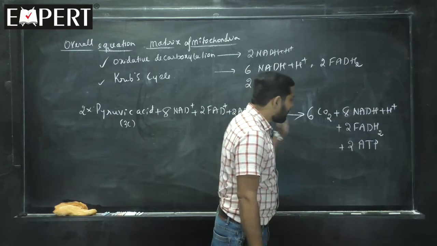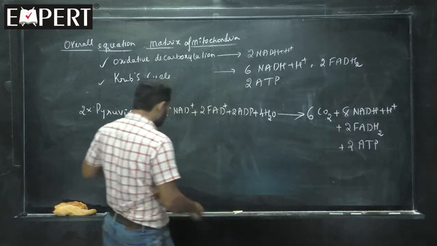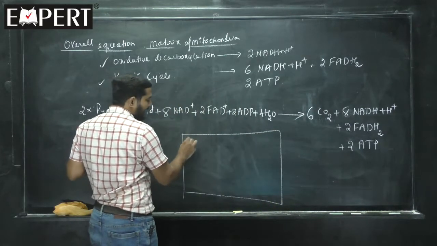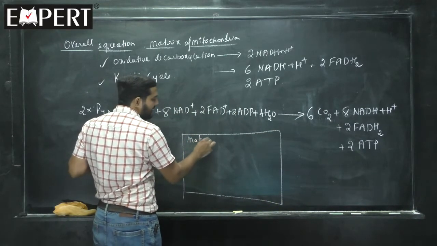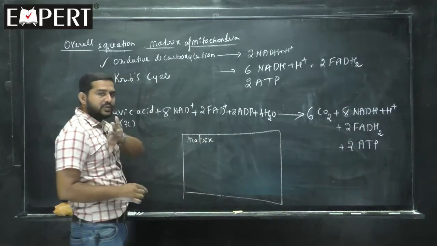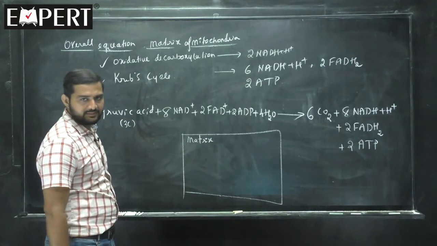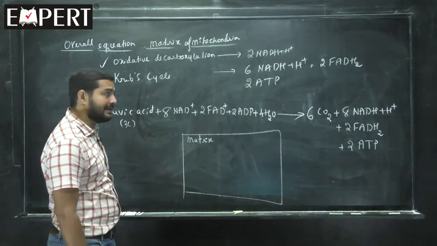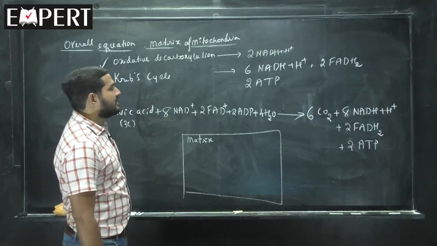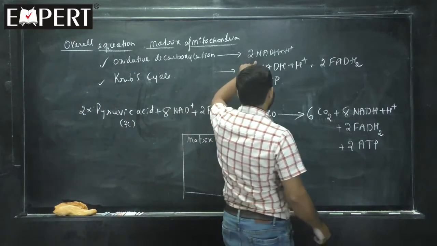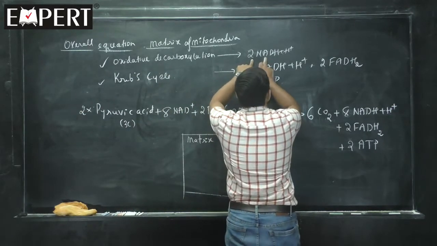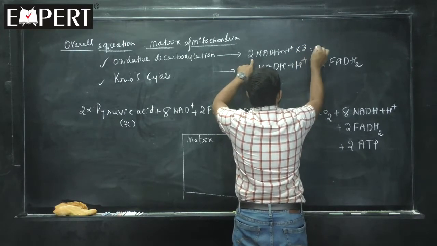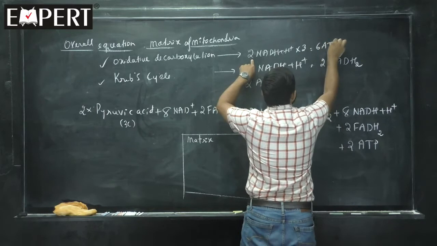If I take all this together students, only in the matrix, excluding the Krebs cycle, excluding the glycolysis, how many ATP can we tell? Let us think about it now. So, I can write here also students 2 NADH plus H plus into 3, it becomes 6 ATP here.